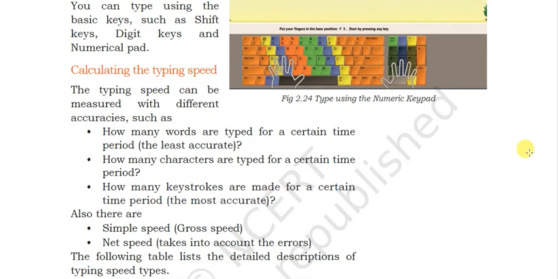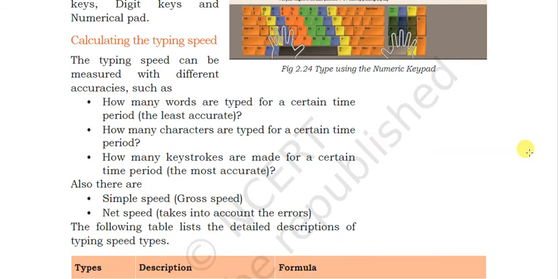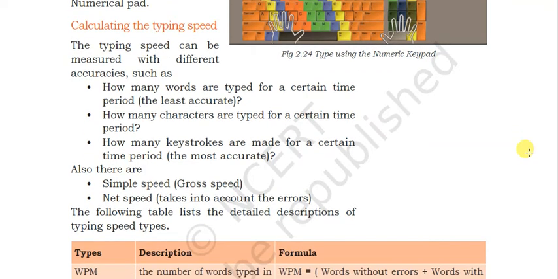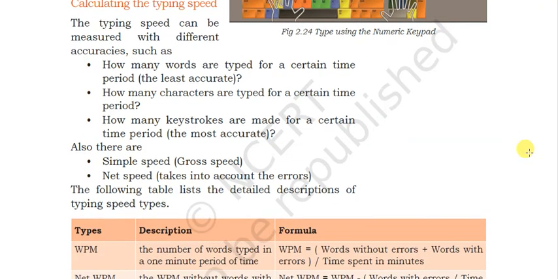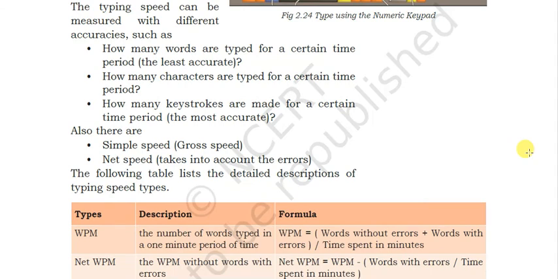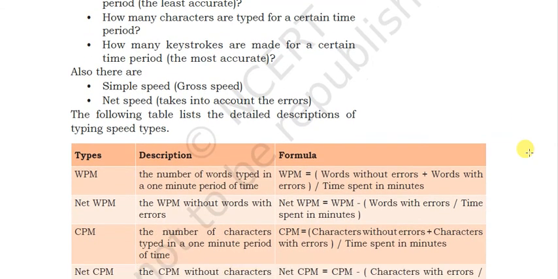Now, calculating the typing speed. The typing speed can be measured in different ways: how many words are typed in a certain time, how many characters are typed in a certain time, how many keystrokes are made in a certain time. Or you can also judge your simple speed or net speed.